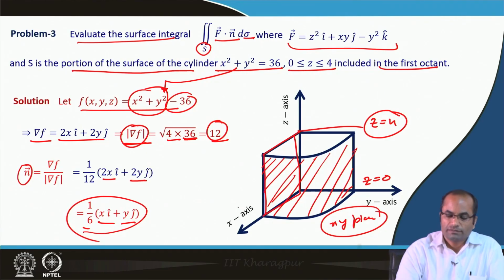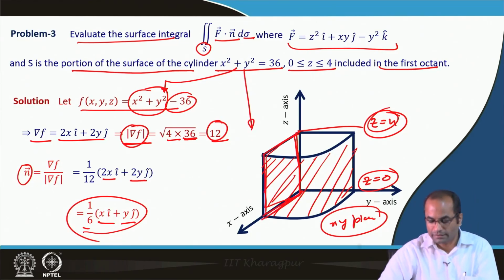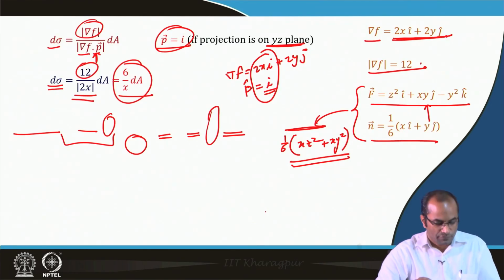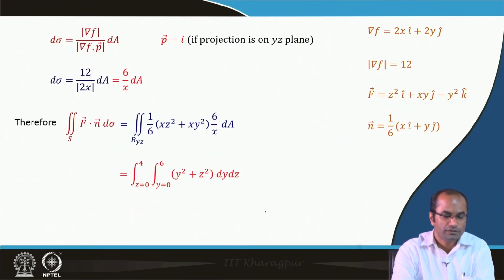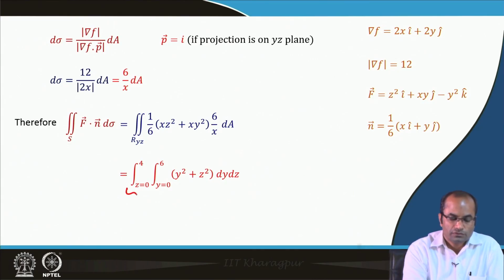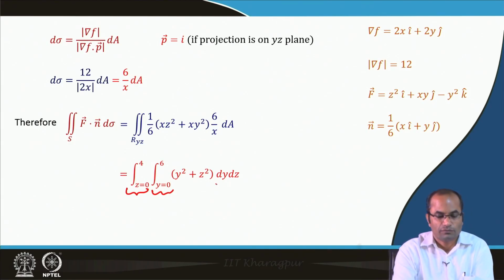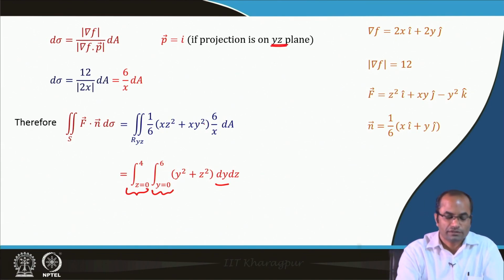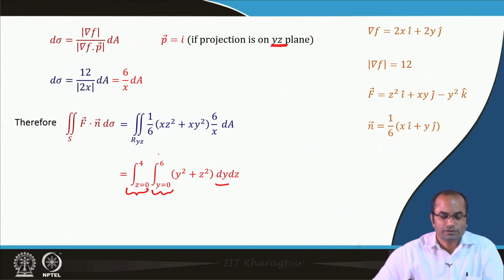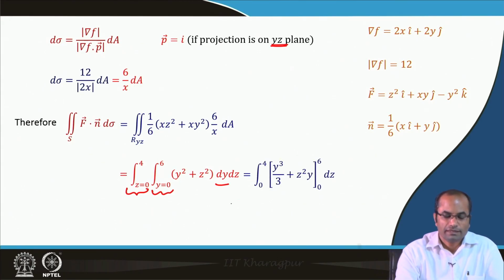So, z is varying from 0 to 4, and from the given equation we can find the coordinate of x as well. So, the limits for z are 0 to 4, and y we will compute from the y axis. We are projecting on the yz plane, but the same thing can be done for xz. So, y is moving from 0 to 6, and then we can evaluate this.